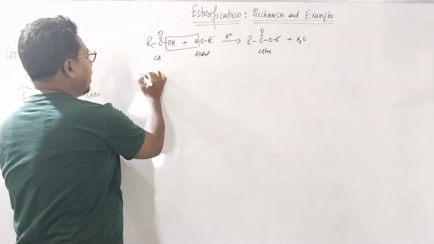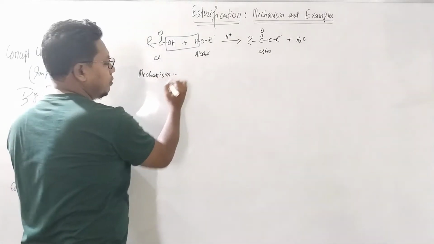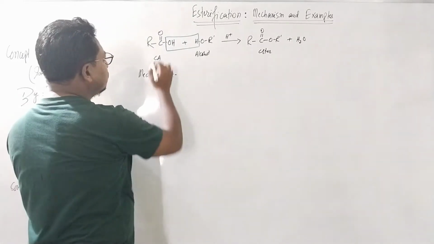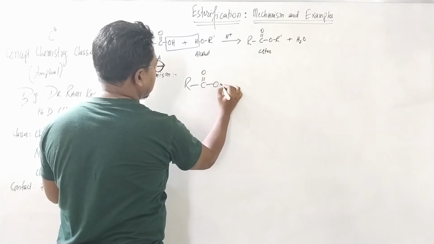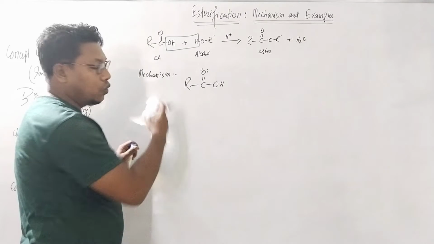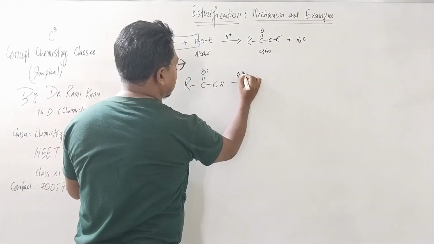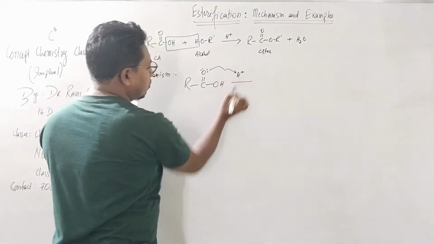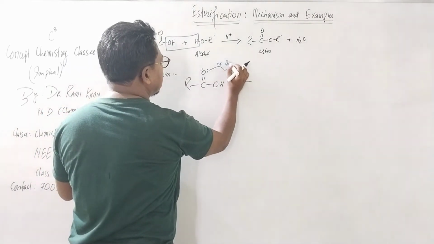So let me write the mechanism of this reaction first, and then let me give some examples. First of all, in this carboxylic acid, this oxygen has two lone pairs of electrons, and it donates its electrons to the H plus ion, acting as a base.